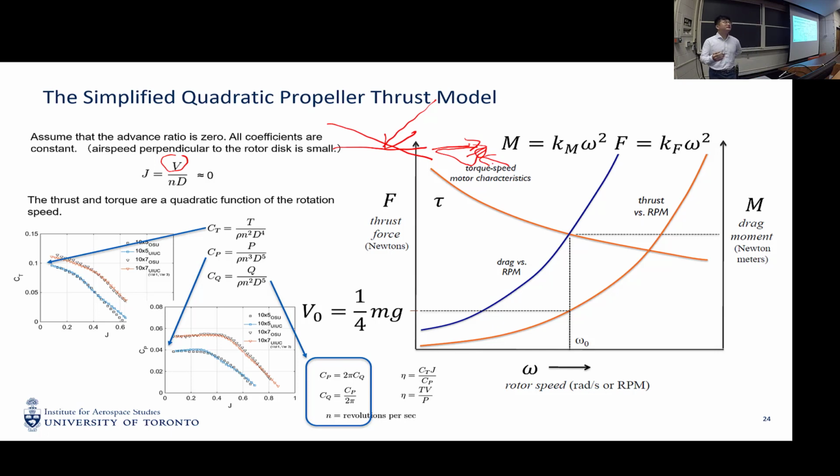But usually, when we do experiments, and in terms of control, we do a further simplification: we assume that this velocity is very small, so we assume that this v is approximately 0. So in this case, we assume that the advance ratio in a quadrotor study is relative.